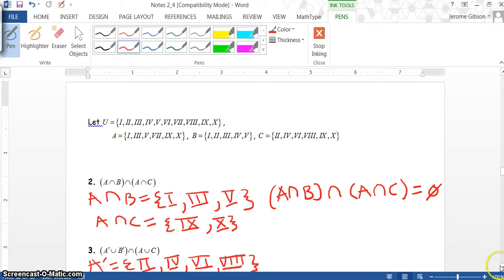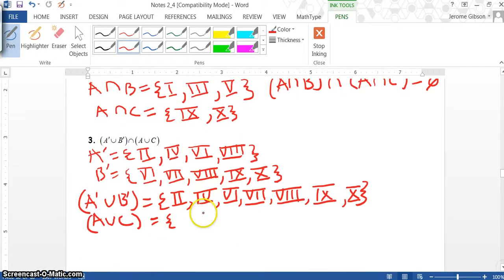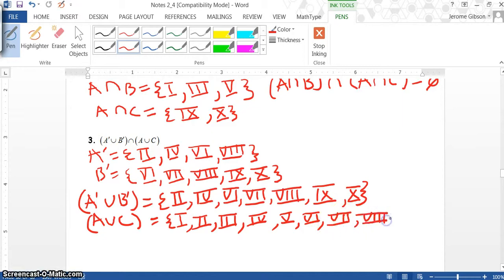Actually, A and C has all of the elements. So we will have 1, 2, 3, 4, 5, 6, 7, 8, 9, and also 10.